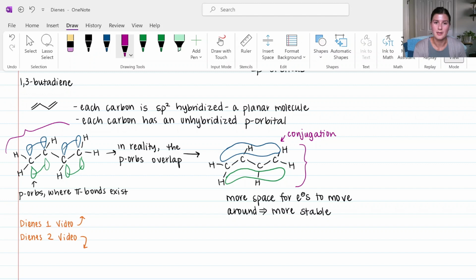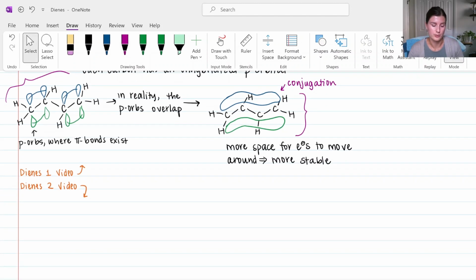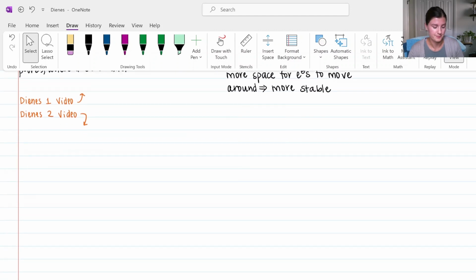So when we talk about atomic orbitals overlapping and forming new orbitals, that's a molecular orbital. This is one of the possible molecular orbitals for 1,3-butadiene. So in this video, we'll draw all of the possible molecular orbitals for 1,3-butadiene.